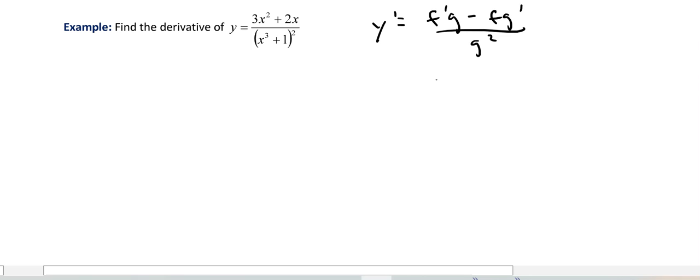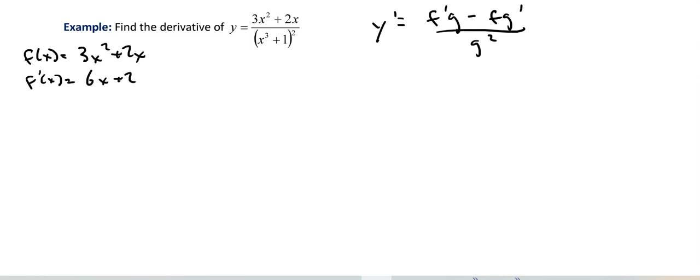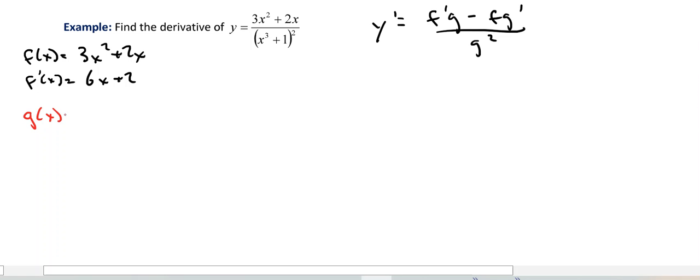So the numerator is my f, and the derivative of that is 6x plus 2.